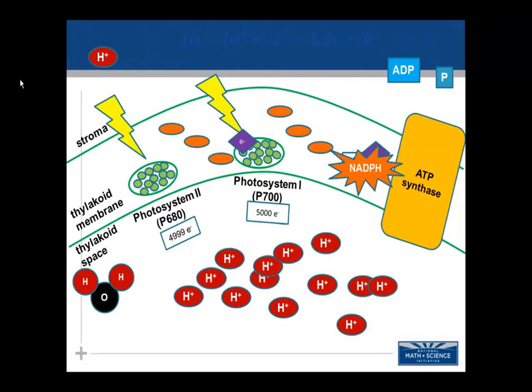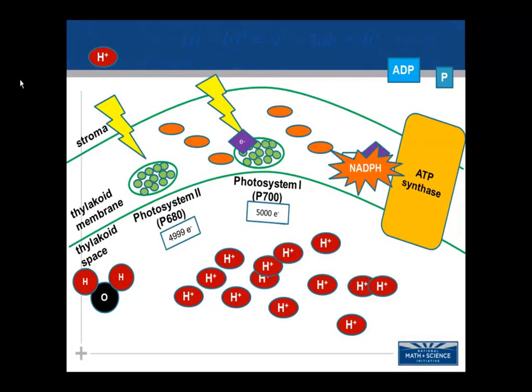So hopefully you can see, and hopefully you would agree with me, that right now we have a large concentration of protons, or hydrogen ions, inside the thylakoid space, and a very low concentration of hydrogen ions in the stroma.